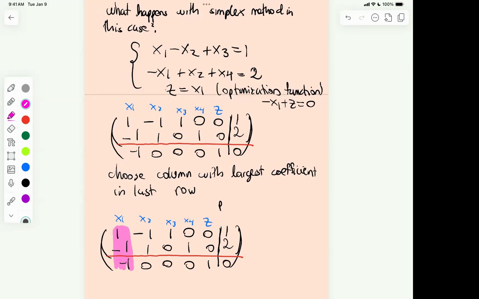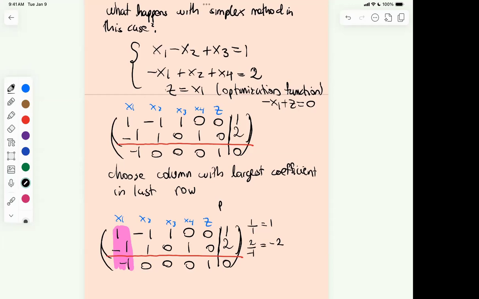Right? And then again, to choose an entry in this column, what I do is take the ratio between the constant term at the end and the corresponding entry. So for the first one, the ratio is 1/1, which is 1. And for the second one, the ratio is 2/-1, which is -2, right?